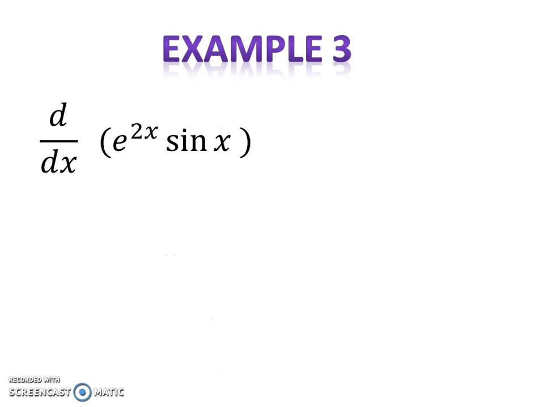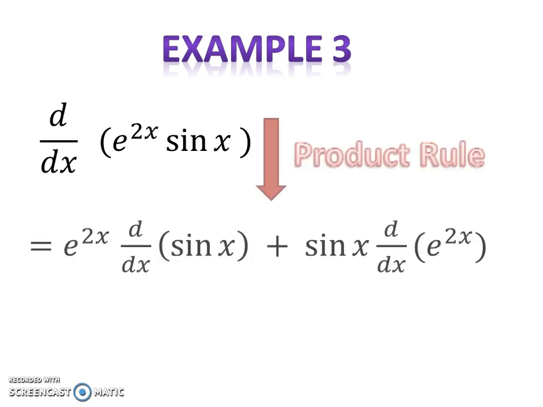Alright, now we want to differentiate e power 2x and sine x. How many terms are there here? There are 2, the exponential and the sine. So what must come into your mind when you see something like this? The product rule. Okay, so when we differentiate sine x, we must get cosine x.